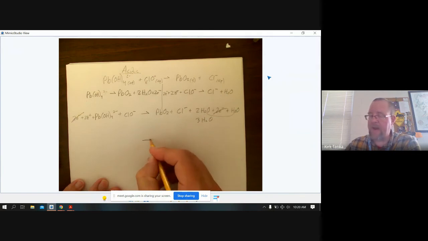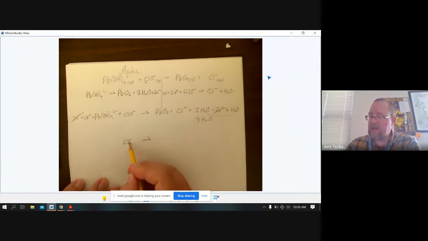So my final reaction is going to be ClO-, that's going to be aq, plus Pb(OH)4 2-, plus 2 hydrogen ions. This is aq and this is aq.